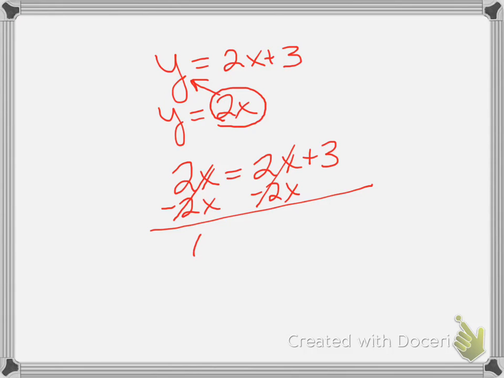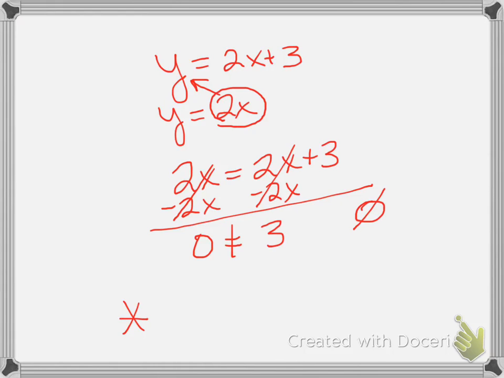The left would be 0, and the right would be 3. When the variables fall out and the numbers are not equal, 0 is not equal to 3, your solution is no solution or empty set.